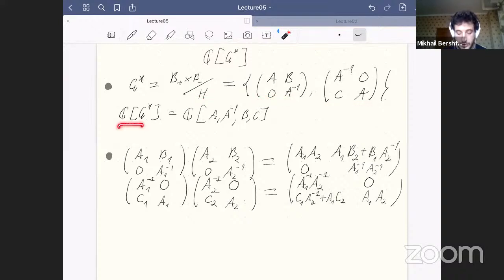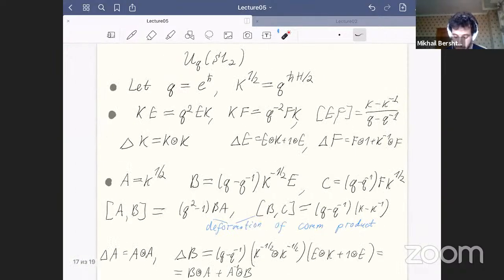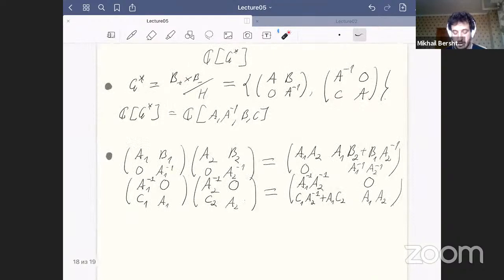The algebra of functions here is given by A and inverse, B and C. The coproduct on this algebra follows from the product on this group. So, for example, the coproduct of B will be A tensor B plus B tensor A inverse, up to my mistake with A and inverse. And similarly for C.